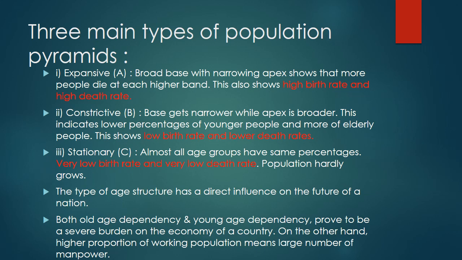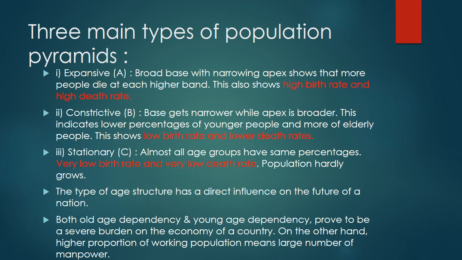Now, constructive is totally opposite to expansive. In this, the base is narrow and the apex is broader, and it indicates a low percentage of younger people, meaning the birth rate is less, and more elderly people.